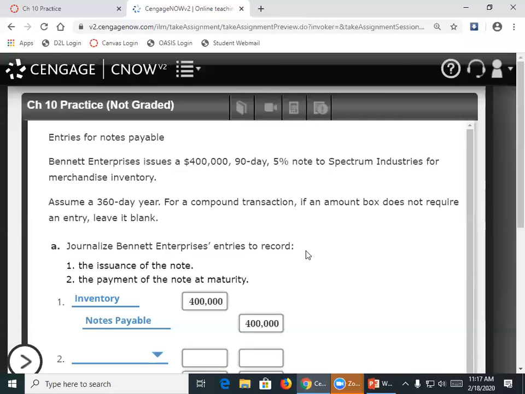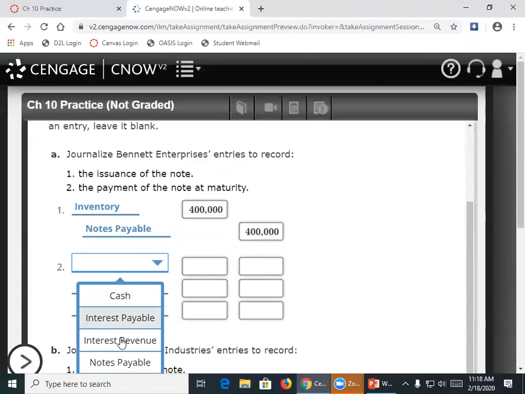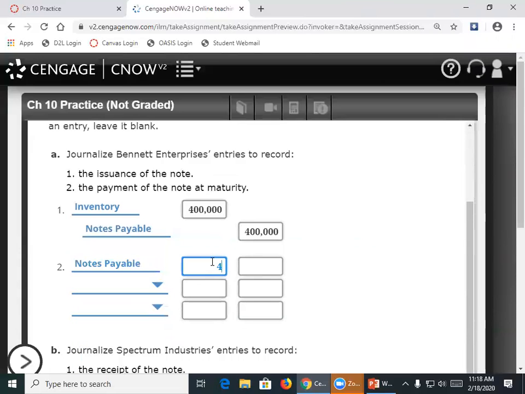Very good. Okay. So when we pay this note at maturity, what do I debit? Notes payable. Good. Yeah, that's when it gets tricky, right? Because we go back to being the payer. So notes payable gets debited, the face value, the 400,000. Do I debit anything else? Expense. Yeah, very good. The interest expense, right?